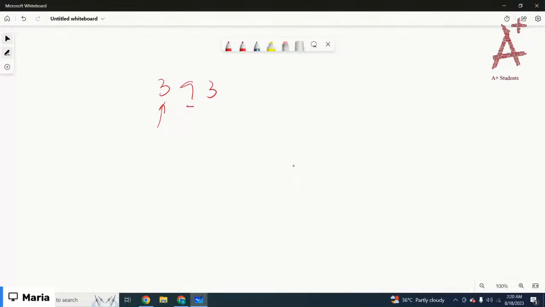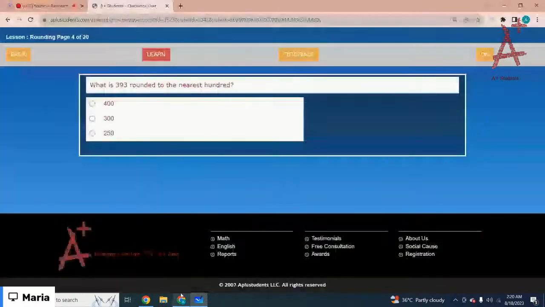On the right hand side you have 9. 9 is greater than 5. That means you have to round up. 3 plus 1 is 4 and you have to replace the other digits with 0. So it would be rounded off to 400. The correct option is 400. So 393 is rounded off to 400.